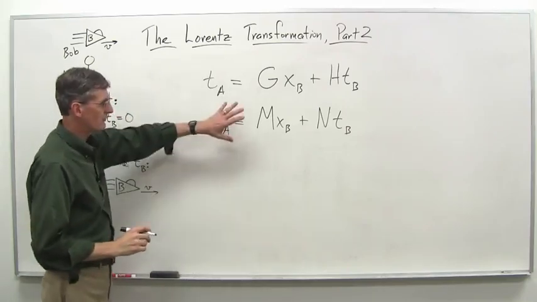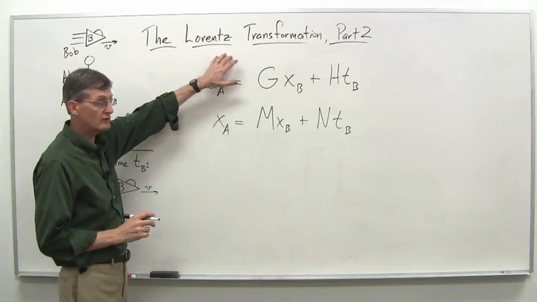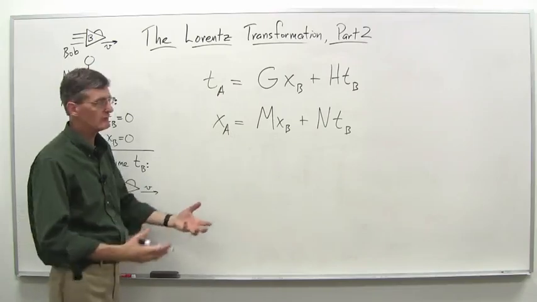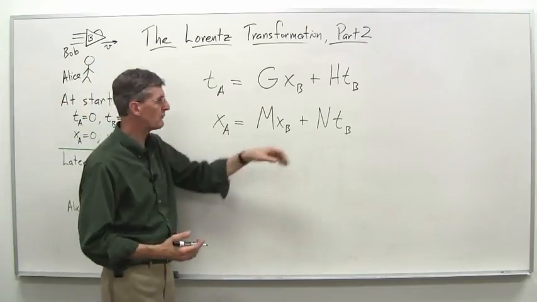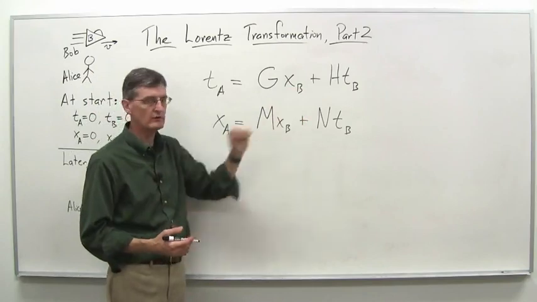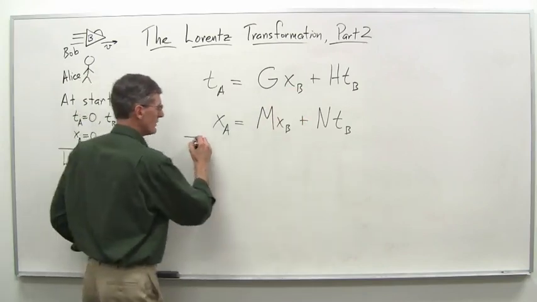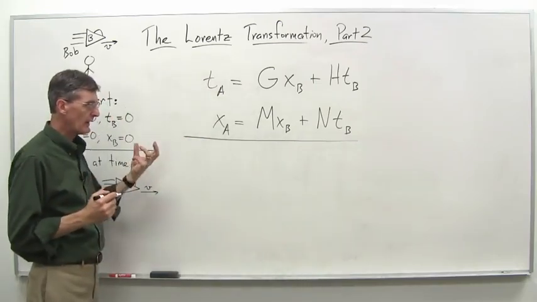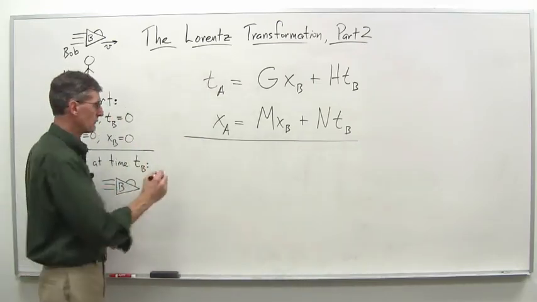So this is the form of our Lorentz transformation equations that we're going to go with. Now, our final thing we have to do, and it takes a little bit of algebra here, but we need to figure out what G, H, M, and N are. And we can immediately start off with going back to the case if XB equals 0.